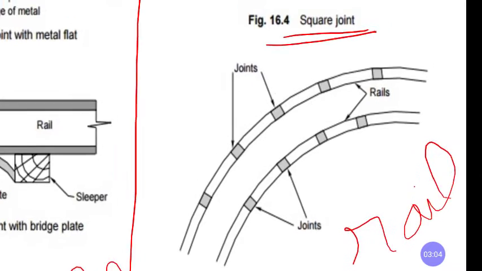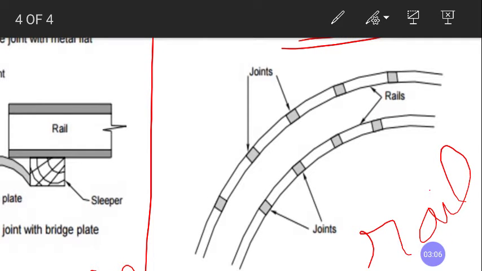Can you see this second type, depending upon the rails? Can you see that the rails are in a zigzag fashion like this, right?